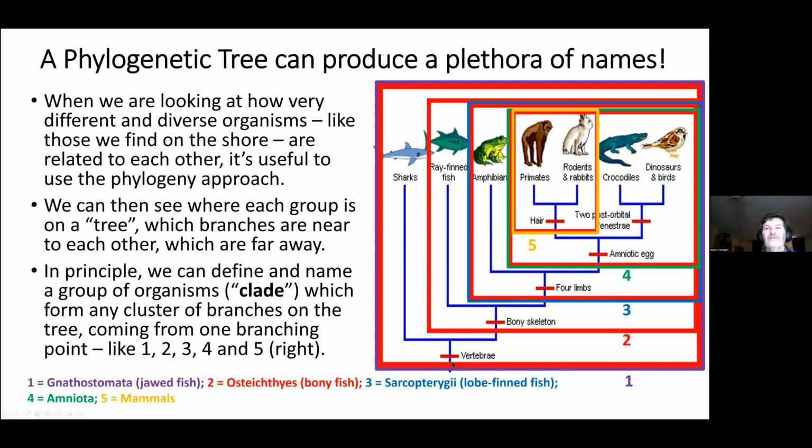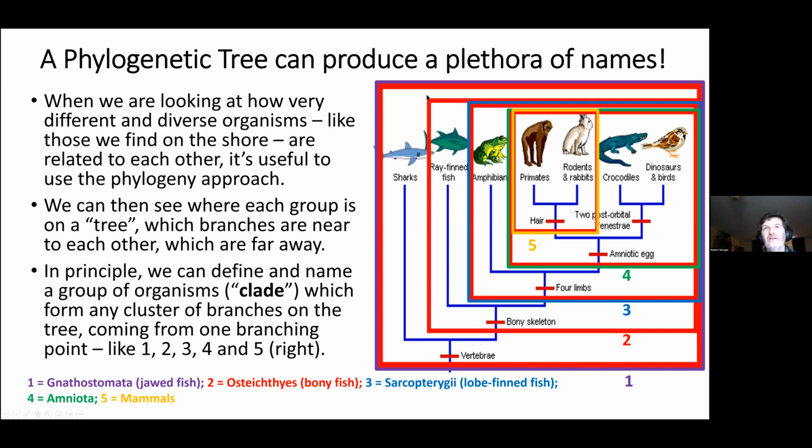Everything on that tree evolved from a jawed fish. The very first fish that evolved did not have jaws. They were like lampreys and hagfish, which have a mouth, but they don't have jaws as such.